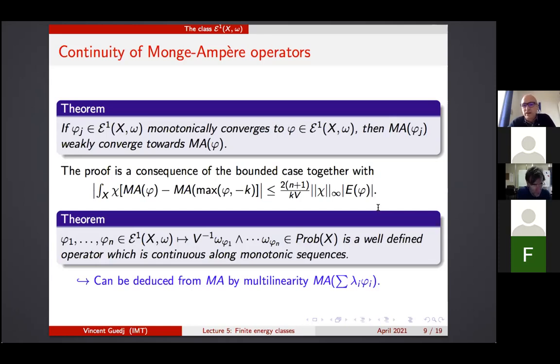If phi 1, ..., phi n are n functions in E1, then you can make sense of the mixed Monge-Ampère measure omega phi 1 wedge omega phi 2 wedge ... wedge omega phi n, normalized by dividing by V, and you end up with a well-defined probability measure, which has similar continuity properties as the Monge-Ampère of one single function.